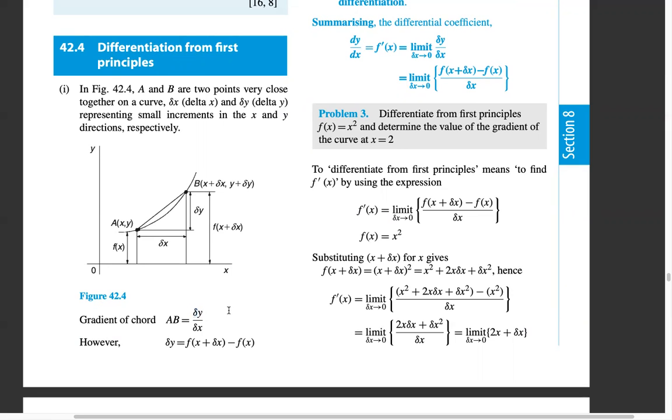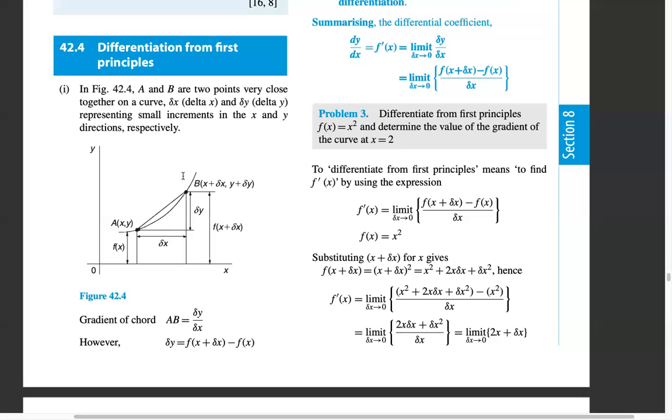So if time changes, we say delta t, t being time. So delta is a symbol used in mathematics to signify a change in something. So delta y means the change in y. Delta x means the change in x. So the gradient of chord AB is delta y, which is vertical, over delta x, horizontal.